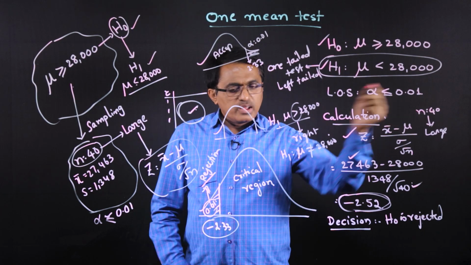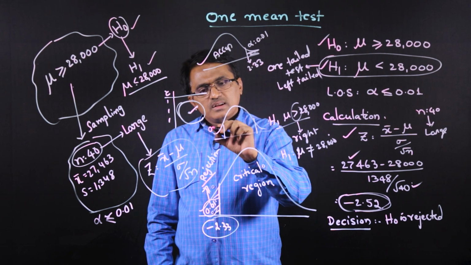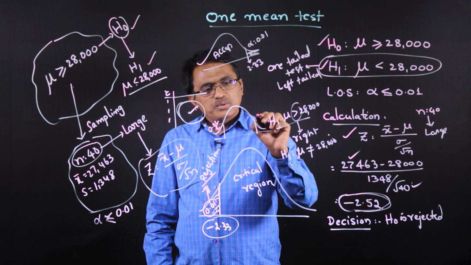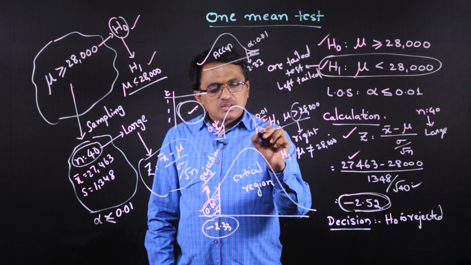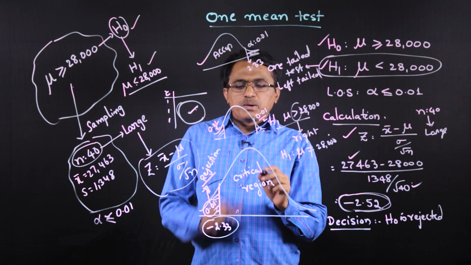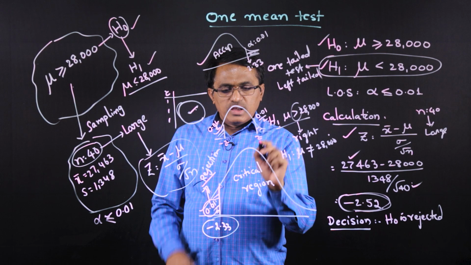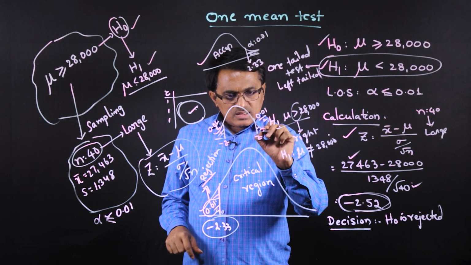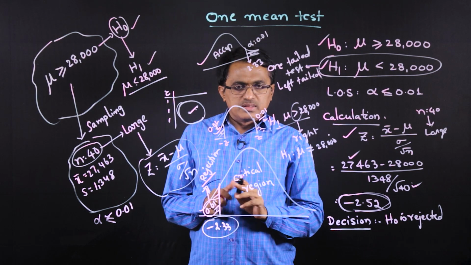Now alpha equal to 0.01, then we have to distribute it equally, that is, here it is 0.01 by 2, and here also it is 0.01 by 2. So now for the given probabilities, we have to see what the Z values are, where this and this come under the region of rejection and this comes under the region of acceptance.